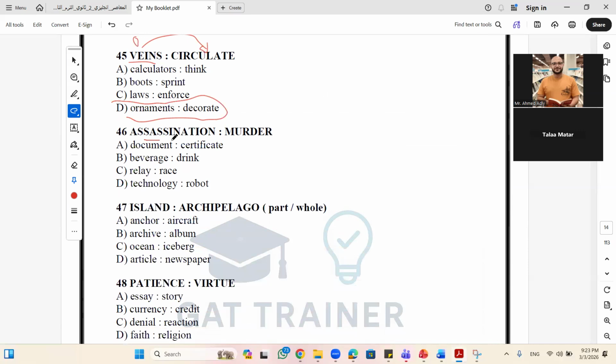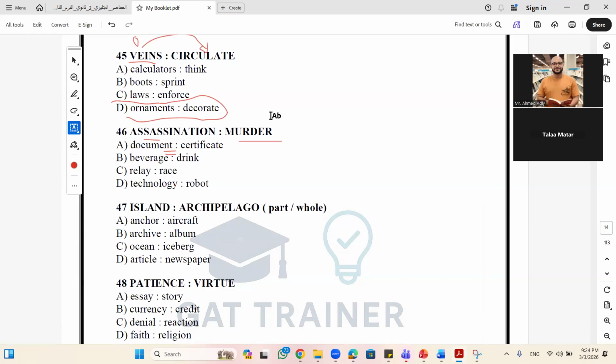Assassination and murder. Beverage and drink. Beverage is a type of drink. They're the same meaning, by the way.